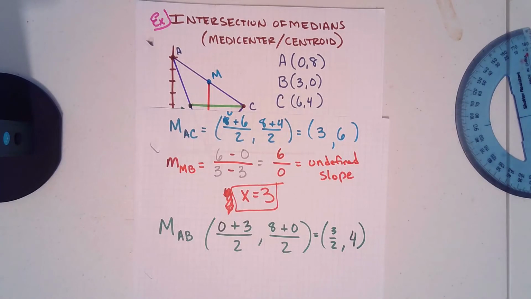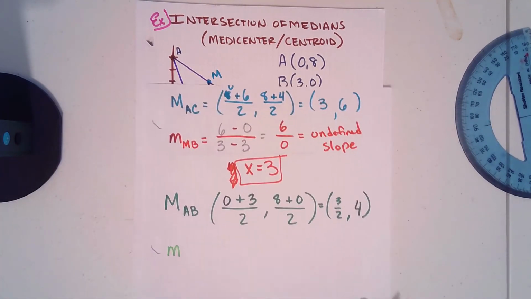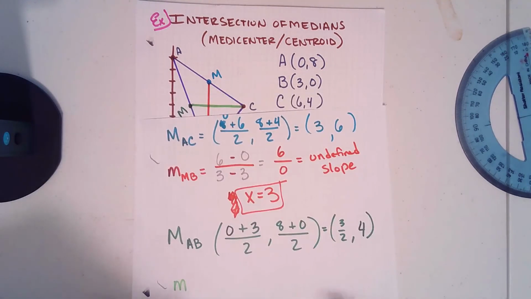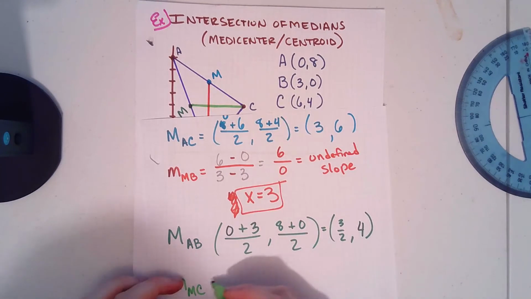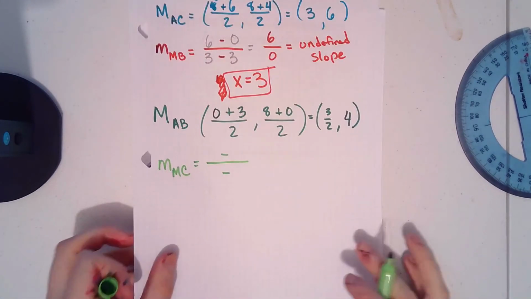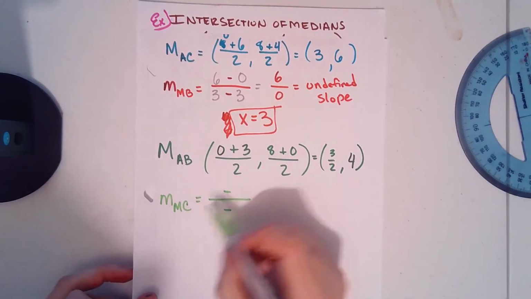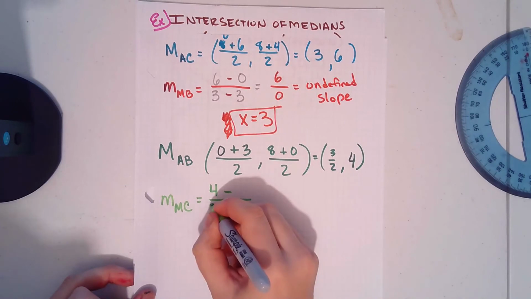The slope of the midpoint of AB and vertex C is going to be the y's over the x's. So the y for the midpoint is 4, and the x is 3/2.